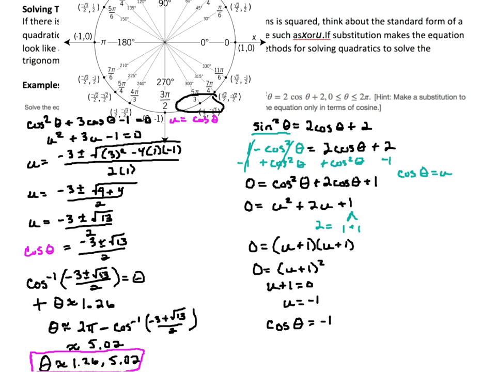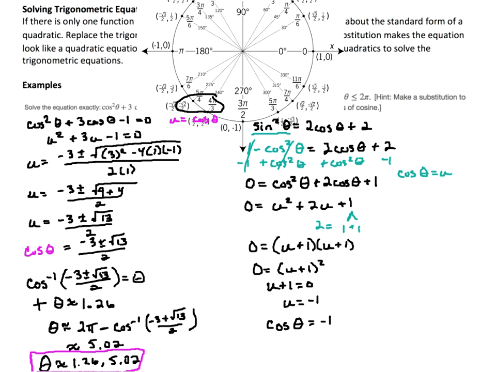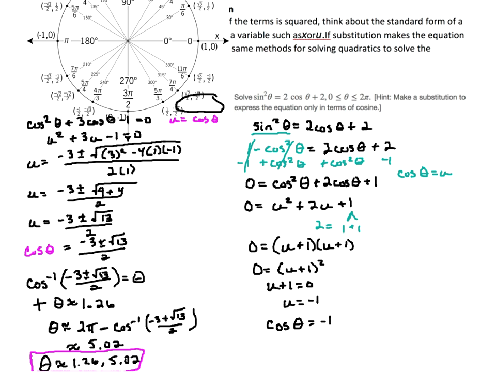That happens, and we do have a restriction on our domain, 1 time through the circle, when theta is pi. So my solution here is theta equals pi. How's that, Ken?